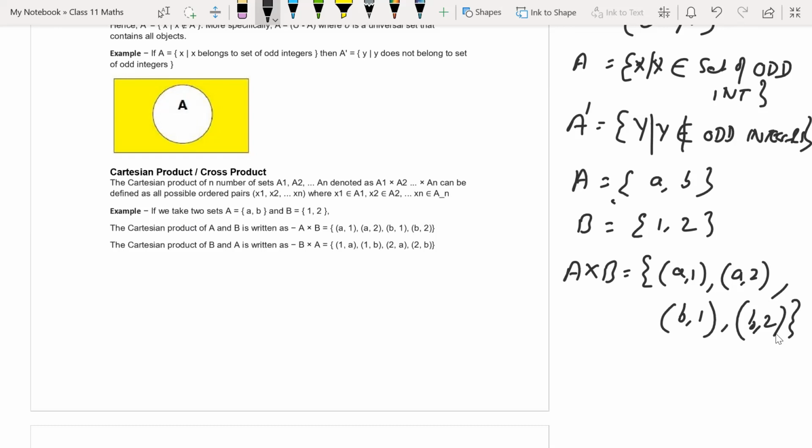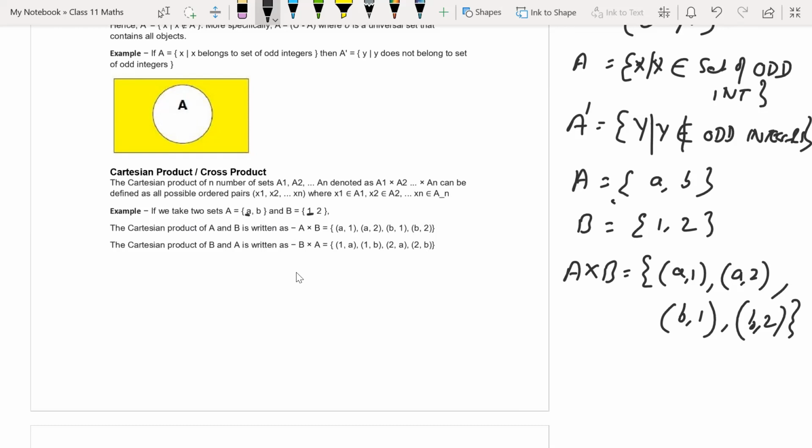And if you have to do B and A, then 1 to A, 1 to B, 2 to A, 2 to B. So 1A, 1B, 2A, 2B.